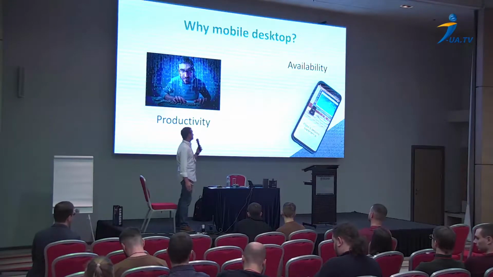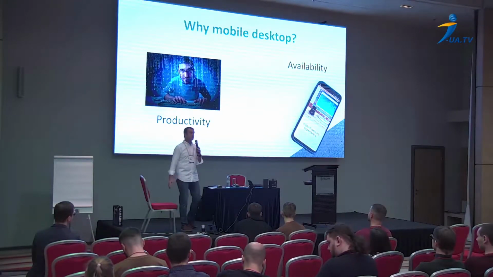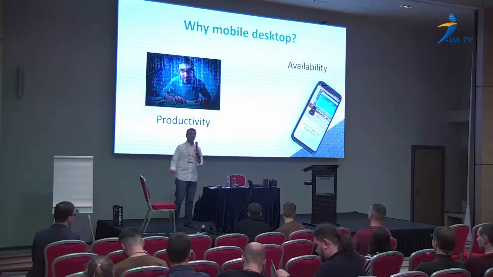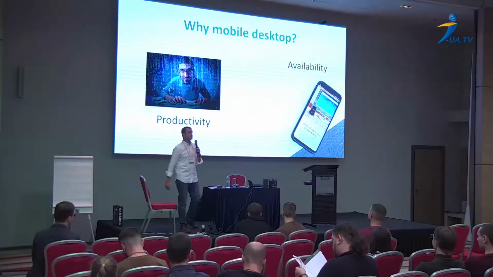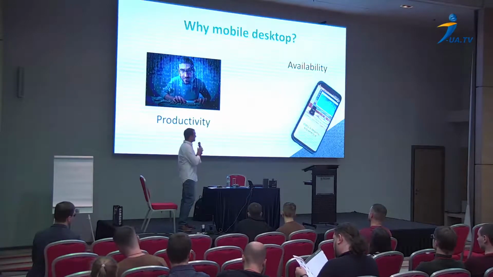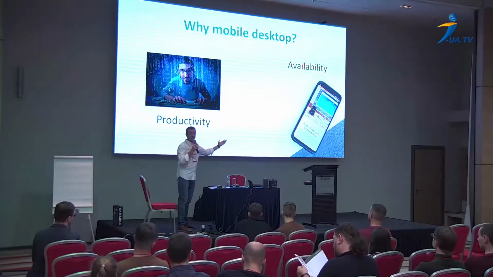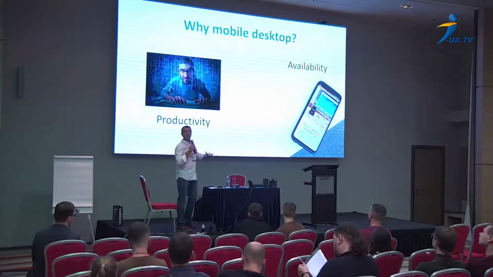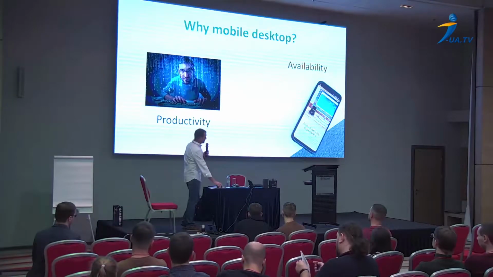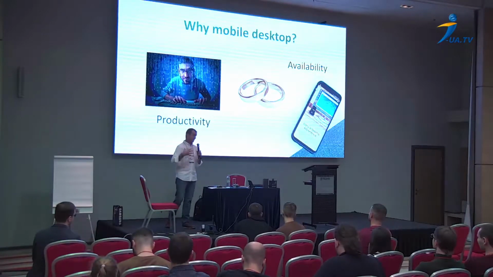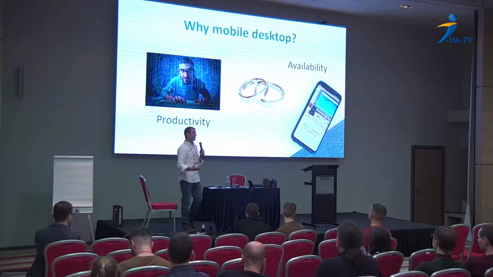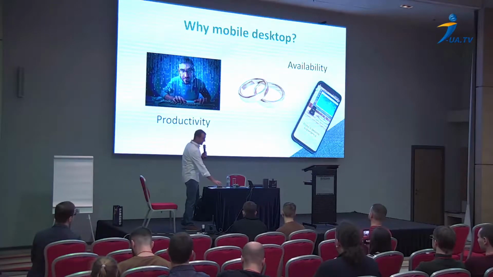It's probably difficult to find a developer who writes code on their mobile device, because using a soft keyboard is not really that practical. So on one side we have availability, on the other side we have productivity. And the question is, is it possible to marry these two worlds together, to have an instantly available device and yet achieve productivity? And the answer is yes, it is possible.